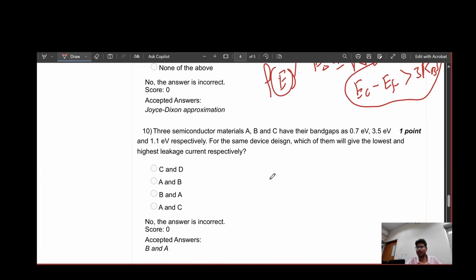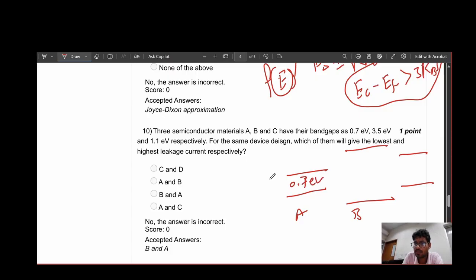Now let's move to the next one. Three semiconductor materials A, B, and C have band gaps of 0.7 electron volts, 3.5 electron volts, and 1.1 electron volts respectively.